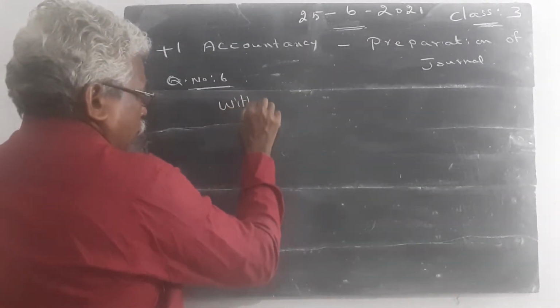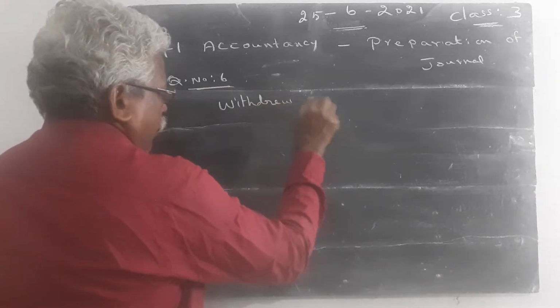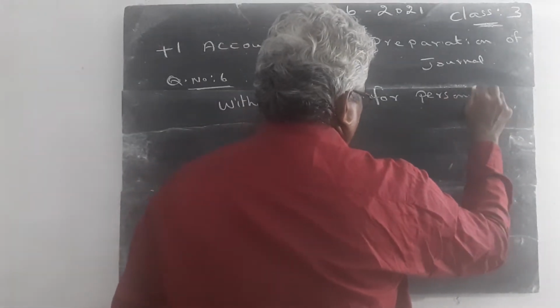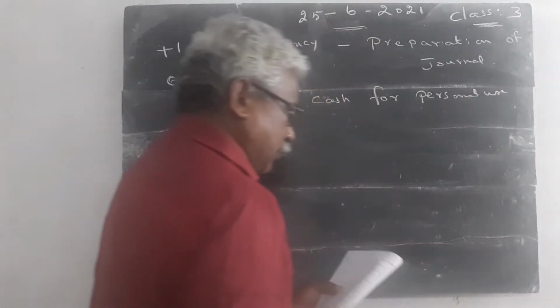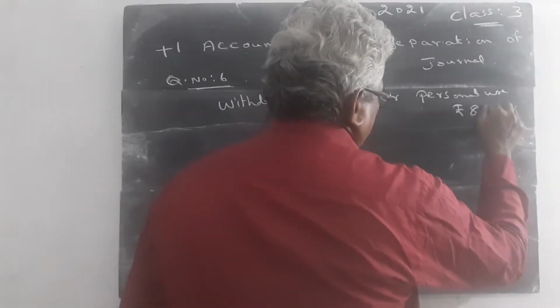Question number 6. Withdrew cash for personal use, rupees 8,000.